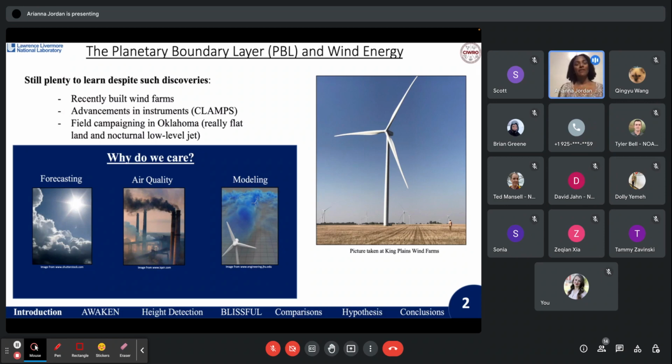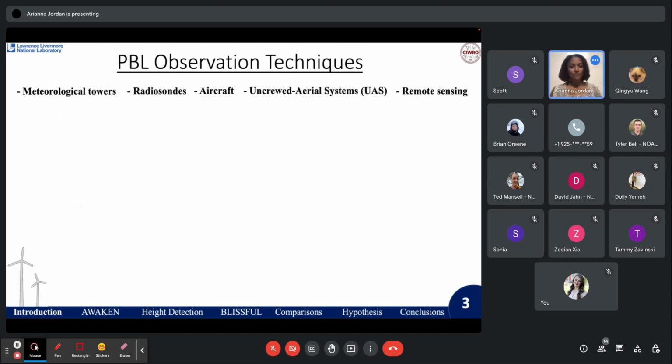We can also have a more realistic depiction for numerical modeling inputs. And wind farms are continuing to expand as we shift to a more renewable energy future, so having that understanding now is going to be very good for studies going forward.